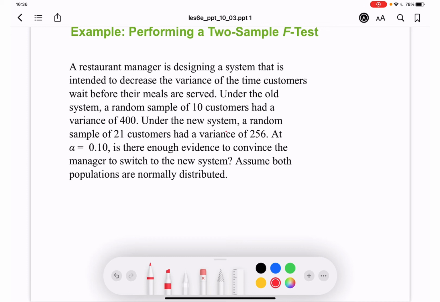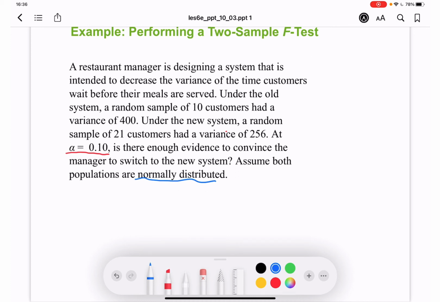Under a new system, a random sample of 21 customers had a variance of 256. Much better, right? At alpha equal 0.1, is there enough evidence to convince the manager to switch to the new system? Assume both populations are normally distributed.